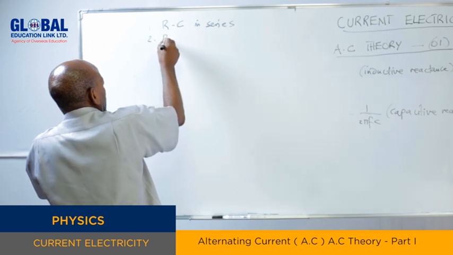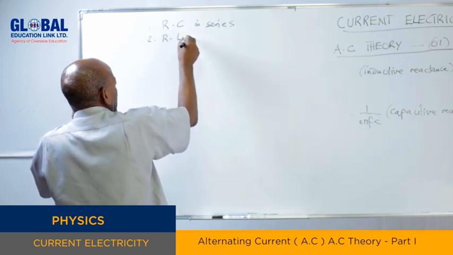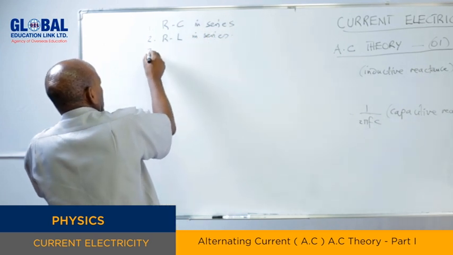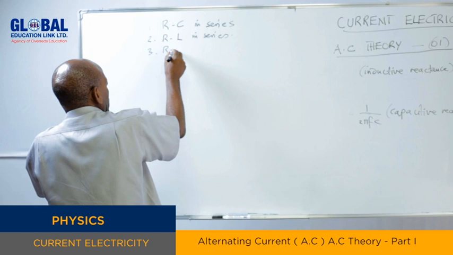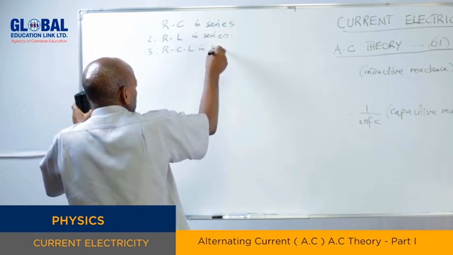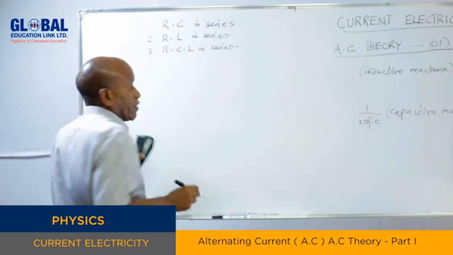The second case is a resistor and an inductor connected in series. And our last case is when all 3, a resistor, a capacitor, and an inductor, are connected in series.